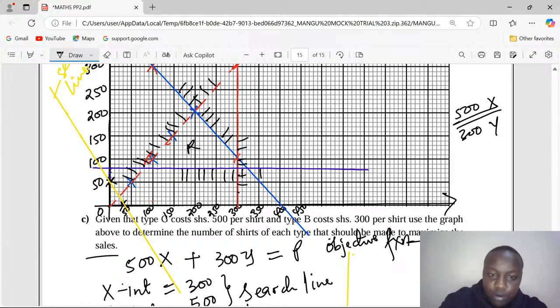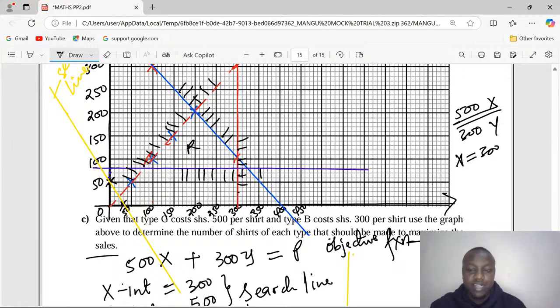So the largest coordinate of X is 300. For X, we first stand at 300 because it is the largest possible number of shirts within the required region for X, and X is the one giving us maximum profit. Now, when we stand at 300, according to the region, we are supposed to look at the several combinations of X using 300.